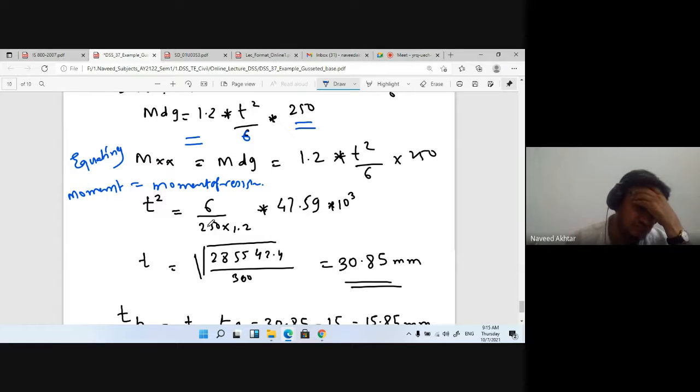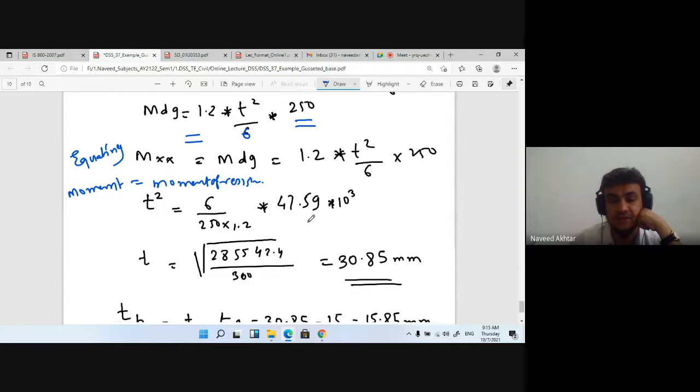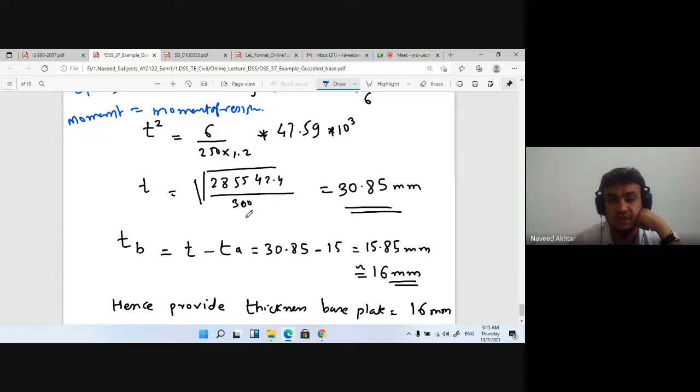If I write down T square, all this 250 into 1.2 will go to the other side, 6 will go to the other side, into 47.59 into 10 raised to 3, the moment. Under root of 28554.3, we will get the value of the total thickness of your base plate.